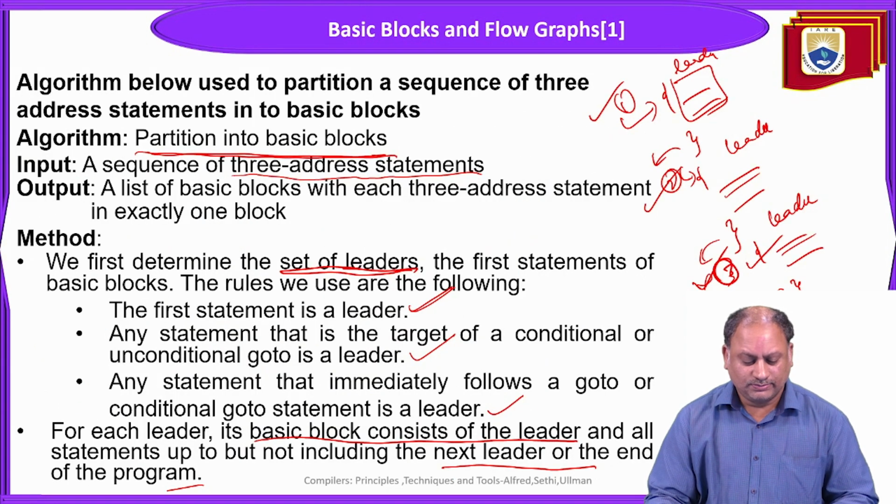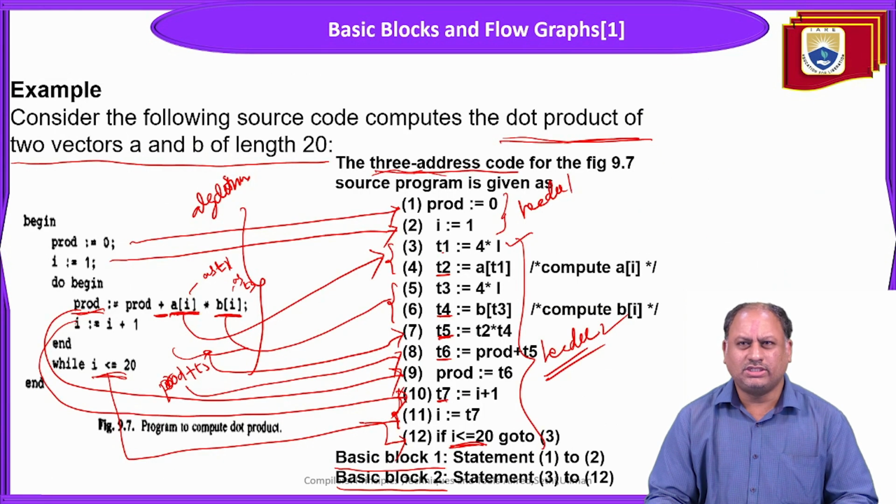Here we have identified some leaders, where a block of statements is present in three-address code notation. The algorithm is applied to this sequence of statements by determining several leaders, and the output generated is a list of basic blocks, and these blocks consist of three-address statements with exactly one leader.